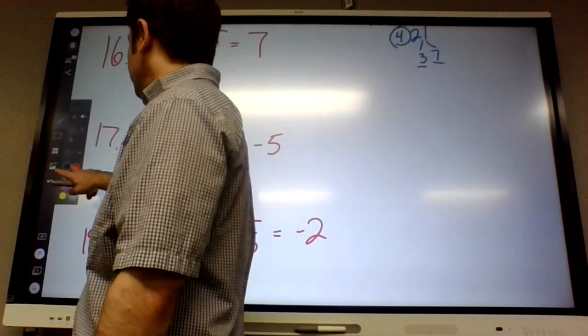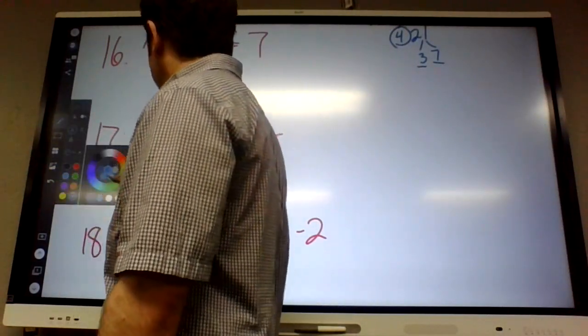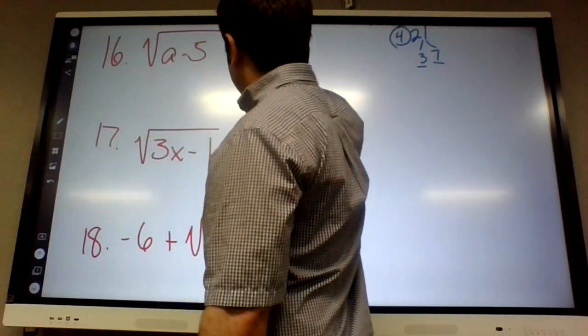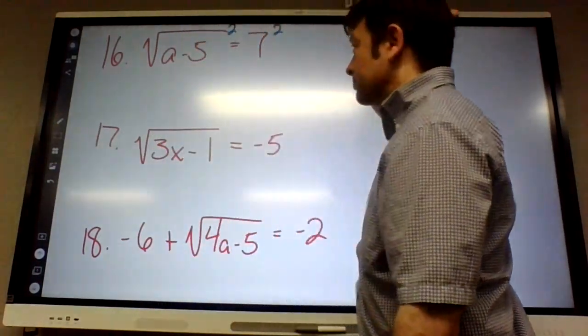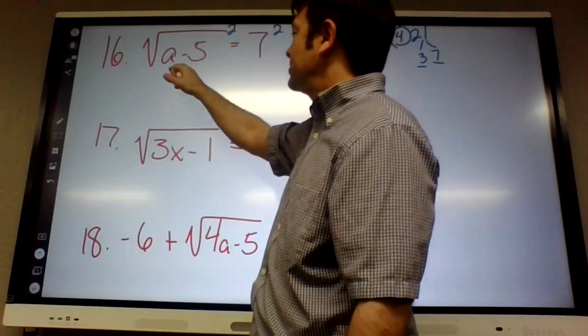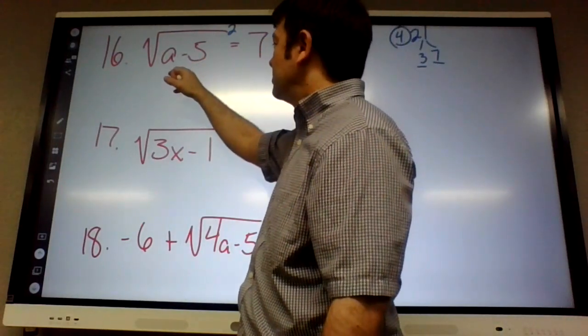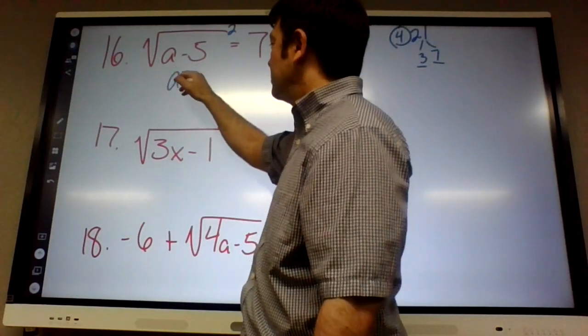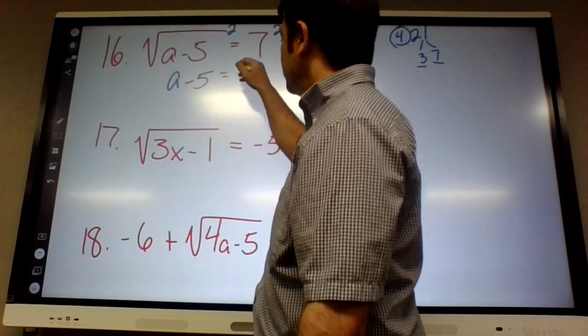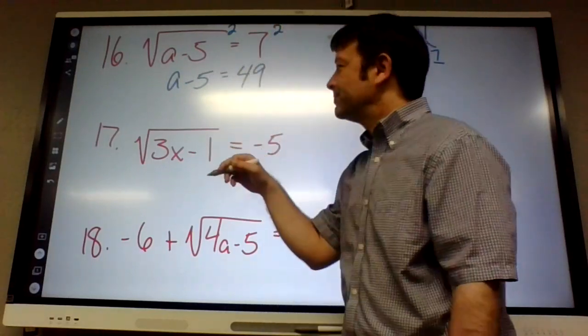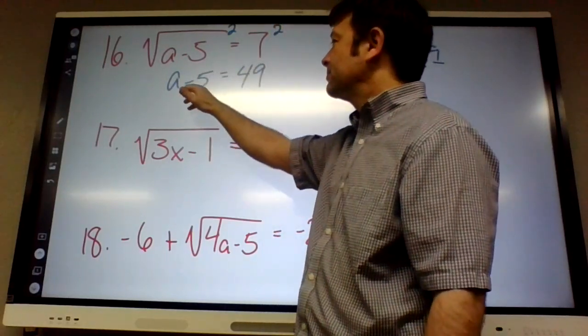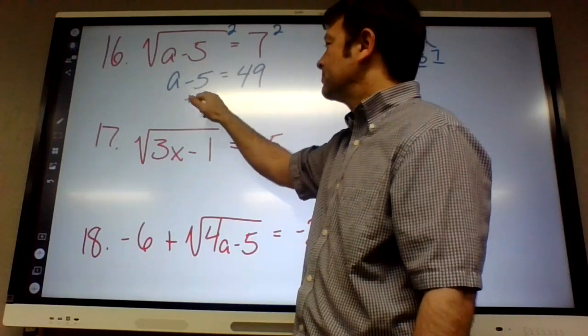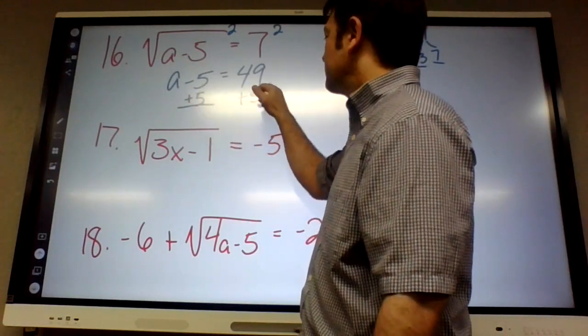Okay. So you want to square both sides, right? Square to get rid of the square root. Then you want to do a minus 5 equals 49, and then plus 5 to both sides.